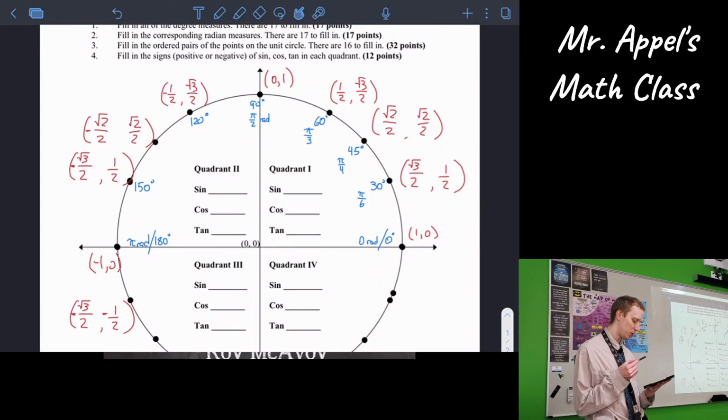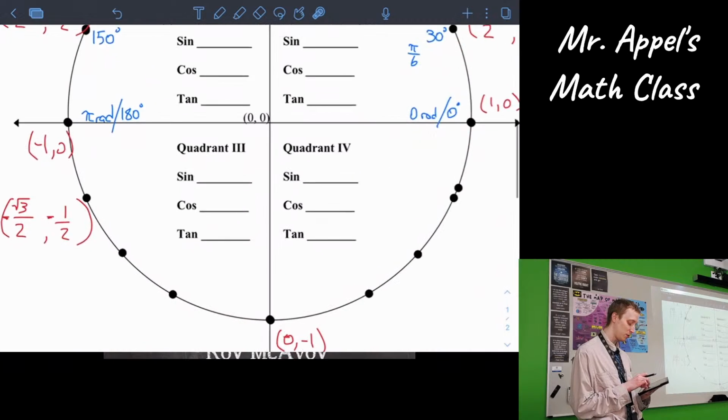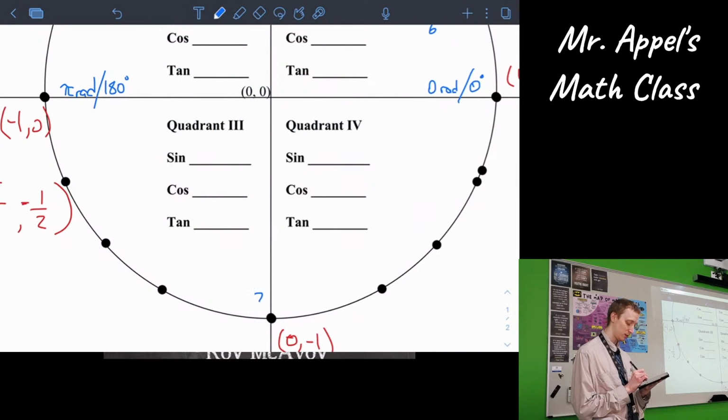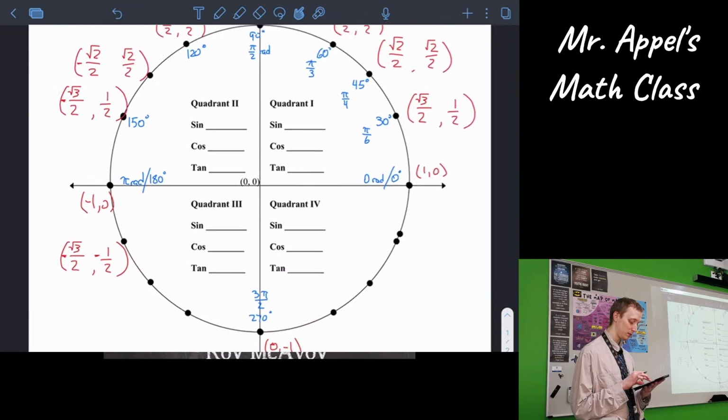Other things you might want to remember, you should be able to recognize this guy right away. Right? Half the circle is pi radians, 180 degrees. We didn't do 3/4 of the circle. Let's fill that one in at least. This is 270 degrees, or 3 pi over 2 radians.